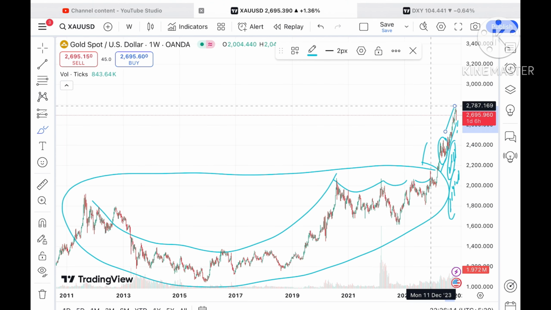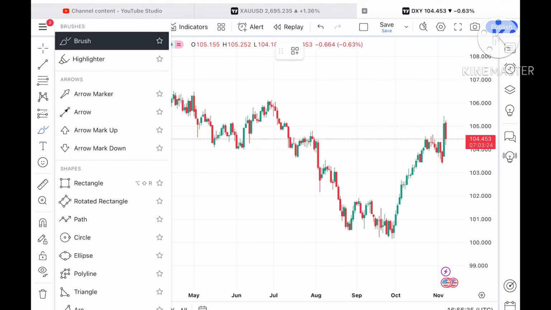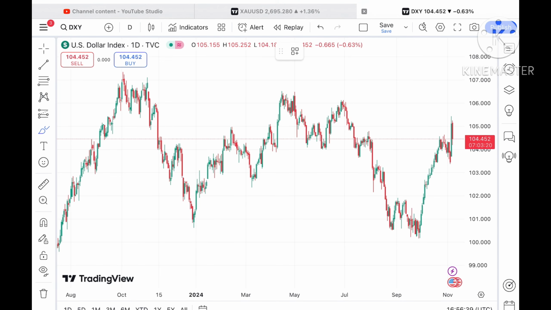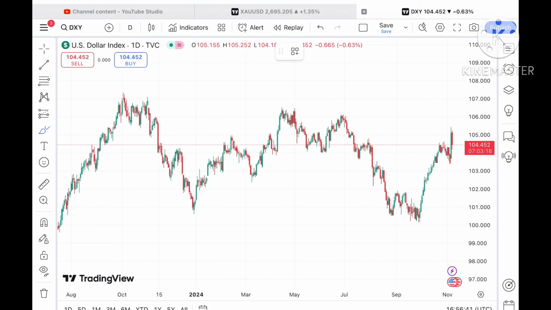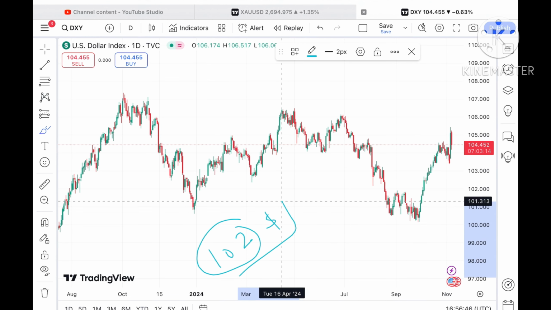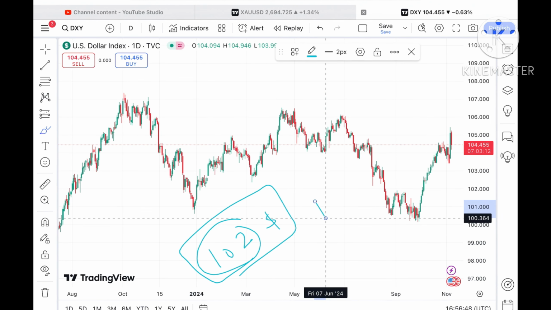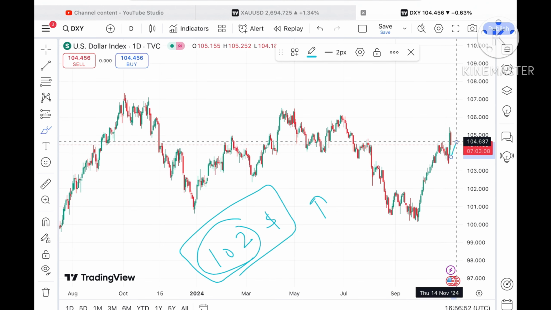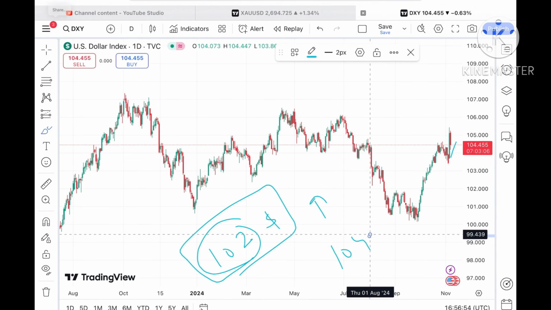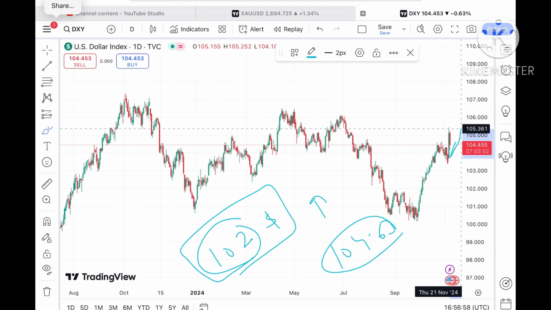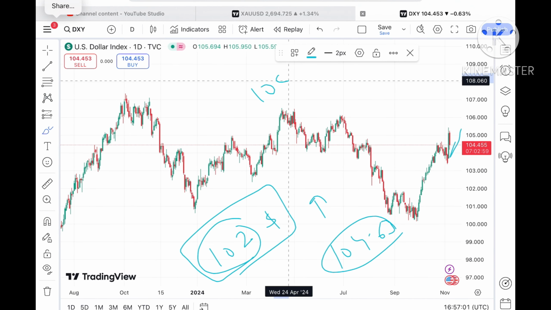Now let's see how the dollar index is. The index is continuously on the higher side, that is, the dollar is getting stronger. That is where we have seen the gold prices coming down. I have clearly stated previously that 102 is a strong level, so if the price keeps moving above this level, we can see further upside movement. The price is already above this level, and as soon as the price goes above 104.637, we can see an upside, and if it goes above this level, there is a probability of touching 105.4.